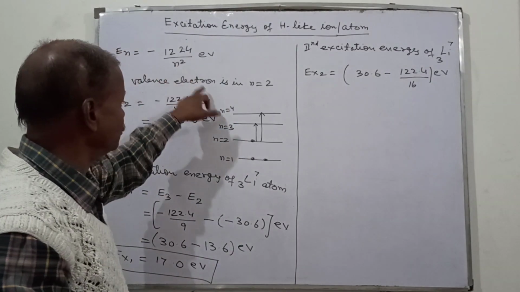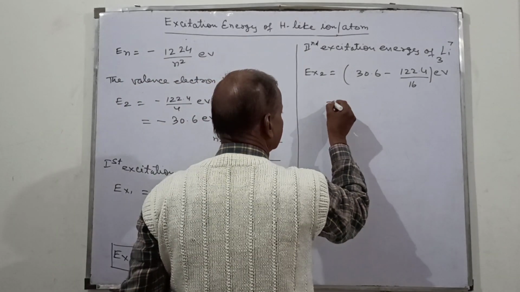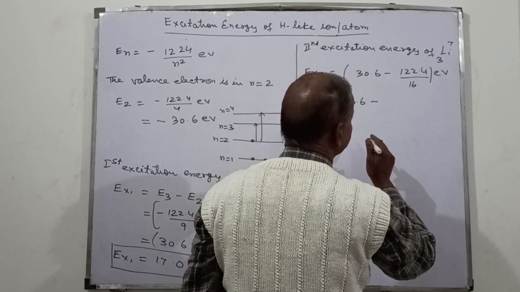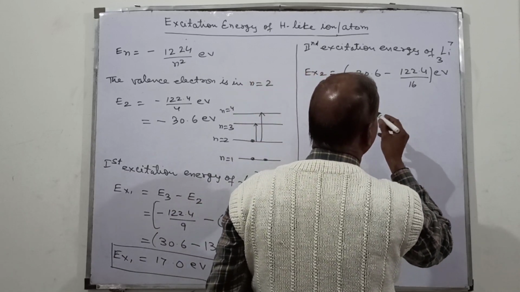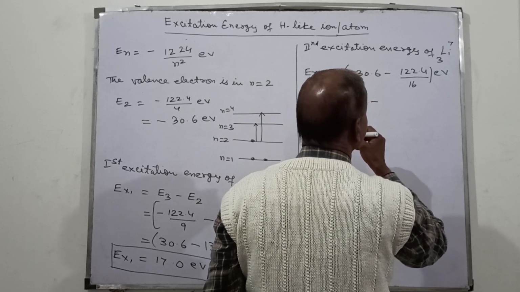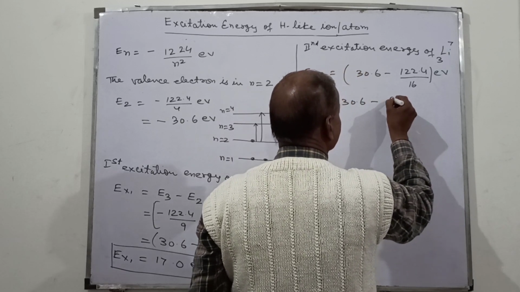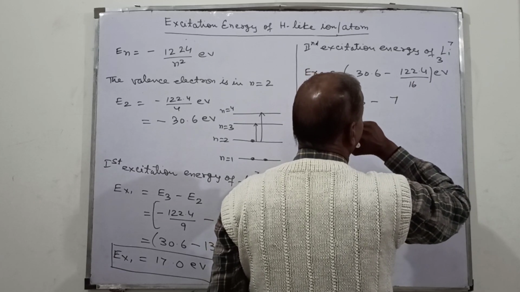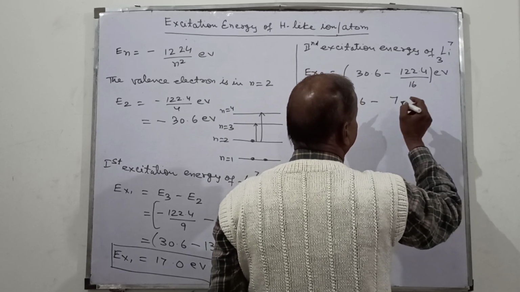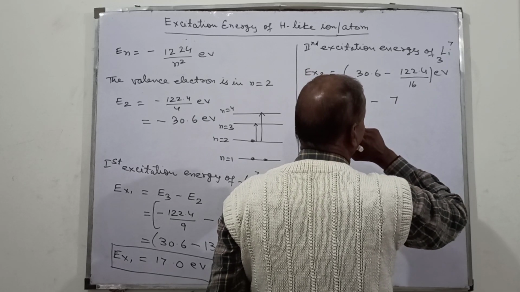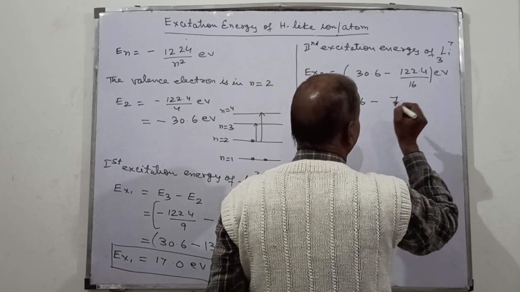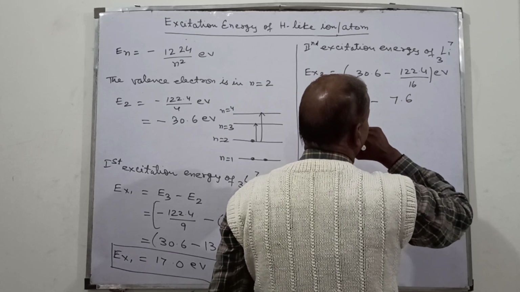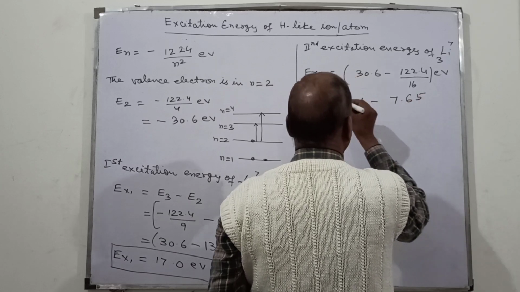So 4 square is 16. So this is now so much. So this is now 30.6 minus 16. So this is now 7 and then 104.